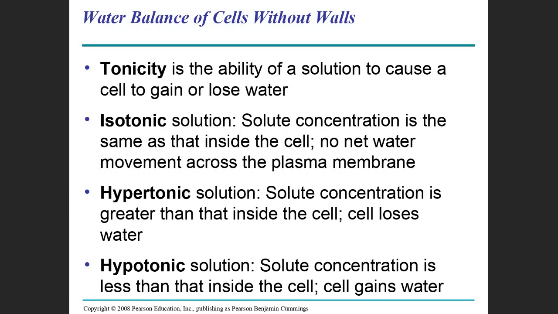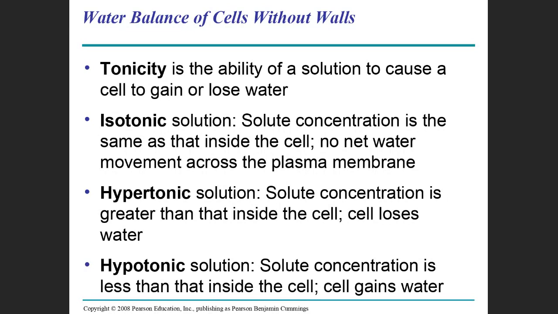A hypertonic solution is one where the solute concentration outside of the cell is greater than inside the cell. Water moves into the high solute concentration, which means water will leave the cell and cause it to shrink.